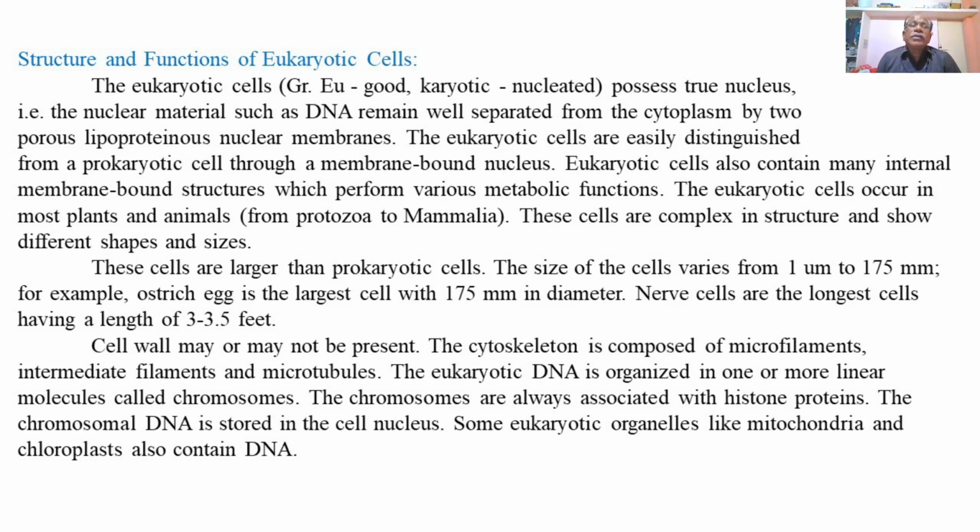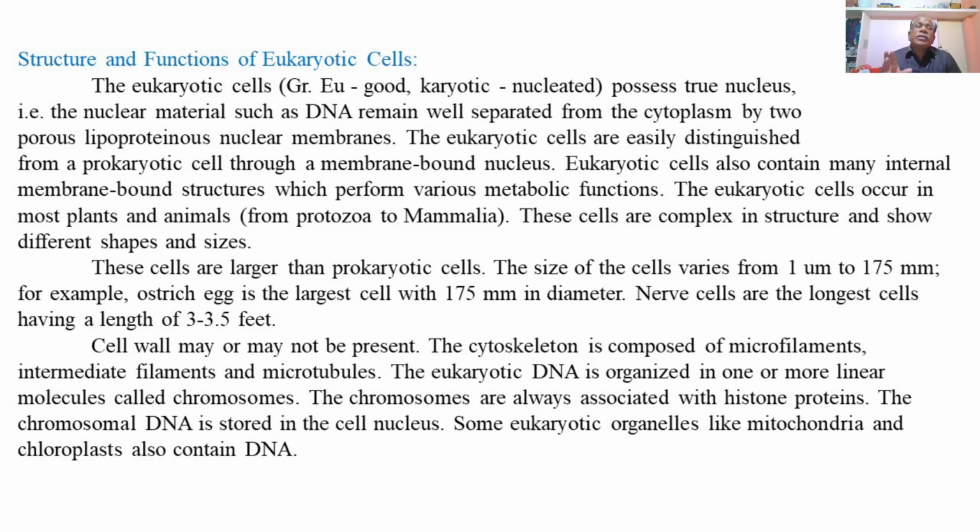The eukaryotic cells possess a true nucleus, that is, nuclear material such as the DNA or the chromosomes remain separated from the cytoplasm by means of a double lipoprotein membrane or a nuclear membrane.